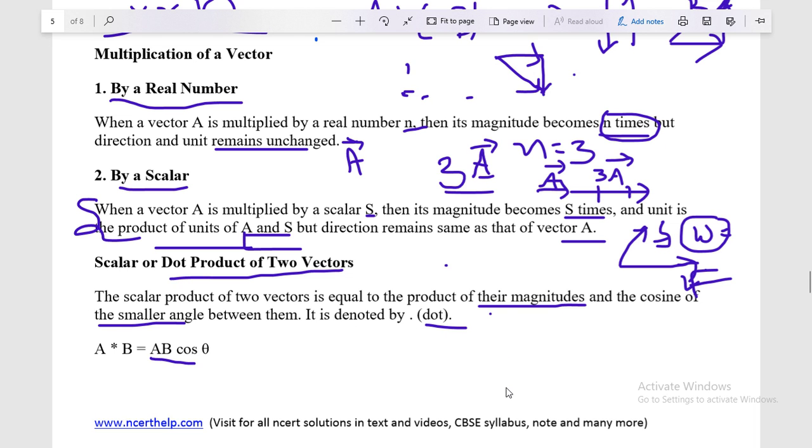So what is the meaning of these statements? Let me give you one example. Suppose this one is a vector and this one is another vector. Suppose this one is vector A, this one is vector B, and this angle is theta.